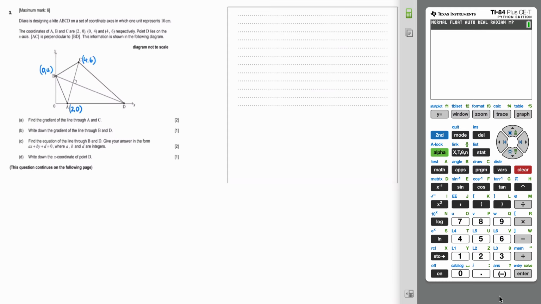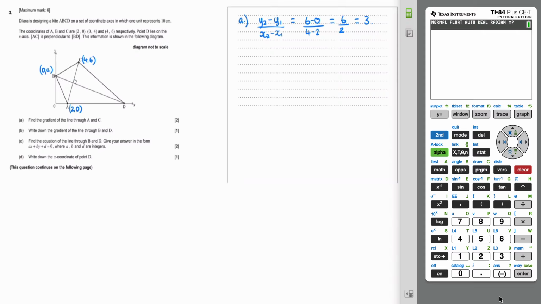If we're trying to find the gradient between A and C, then we're going to use the gradient formula, which is the change in y values over the change in x values. So for the coordinates we're working with, we have 6 minus 0, all divided by 4 minus 2. So we can see there that the gradient is 6 divided by 2, which is therefore 3. So the gradient of my line is 3.